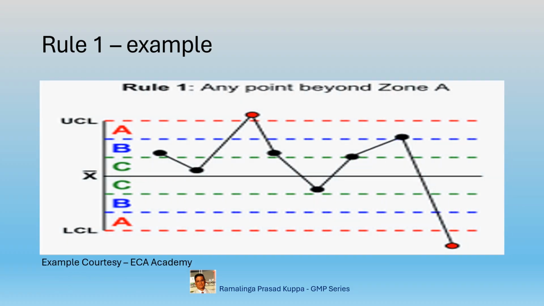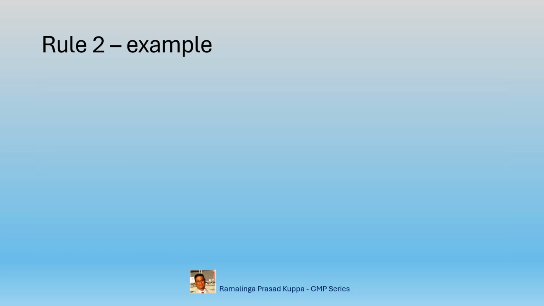In this, one point is beyond zone A on UCL side and LCL side. Example for rule 2.